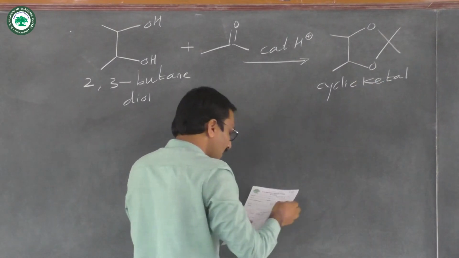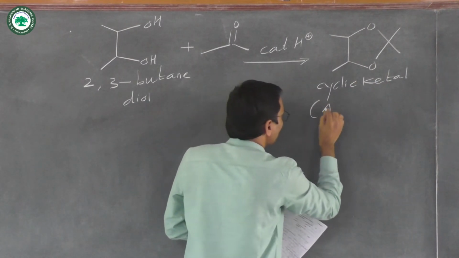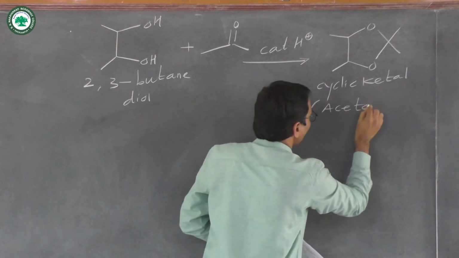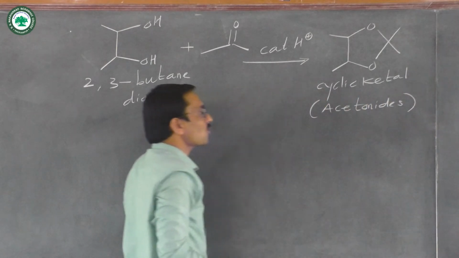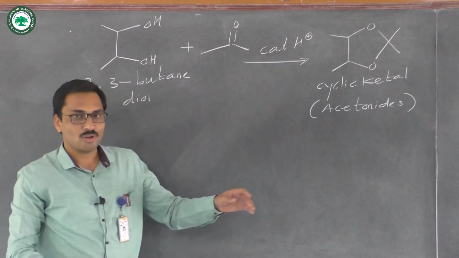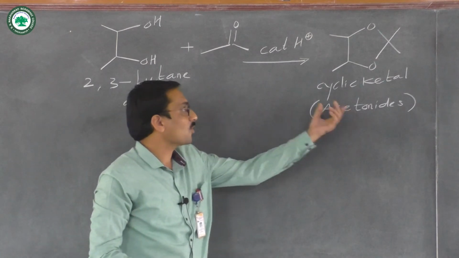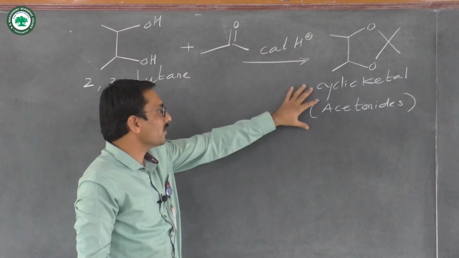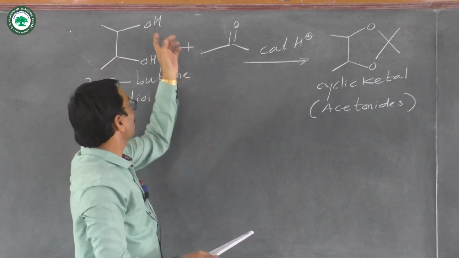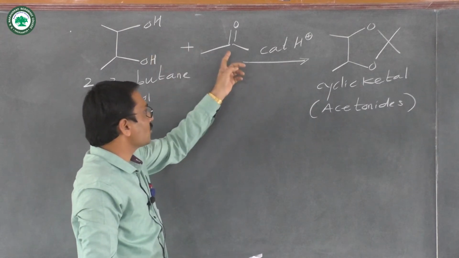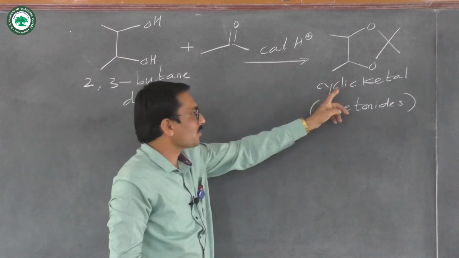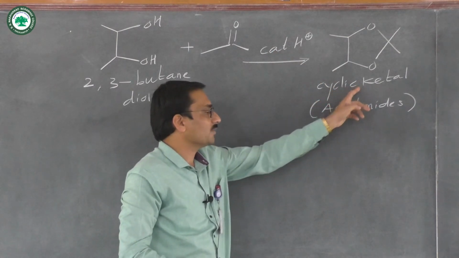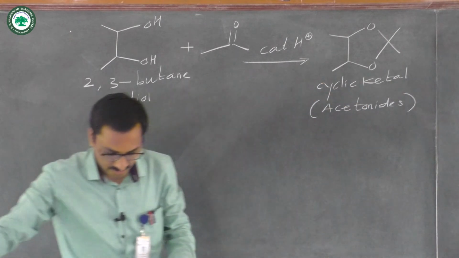This cyclic ketal is also called an acetonide, because it is obtained from acetone. So in this way we protect this diol using acetone in the presence of a catalytic amount of H+. There is formation of a cyclic ketal, that is, an acetonide.